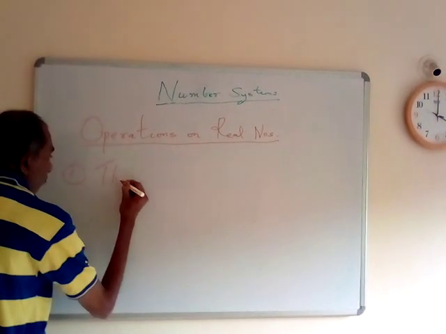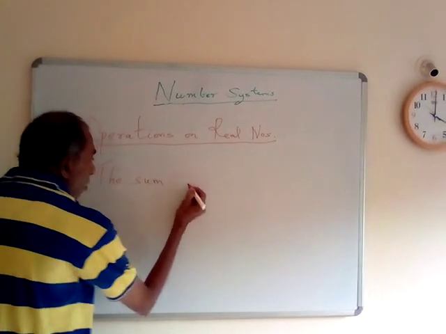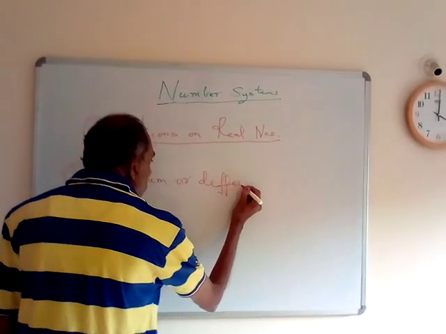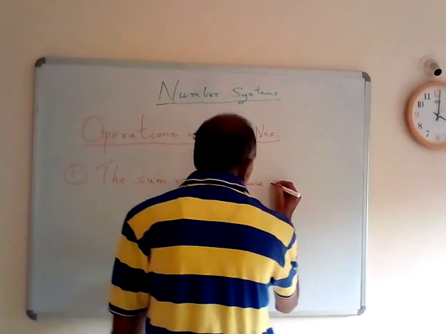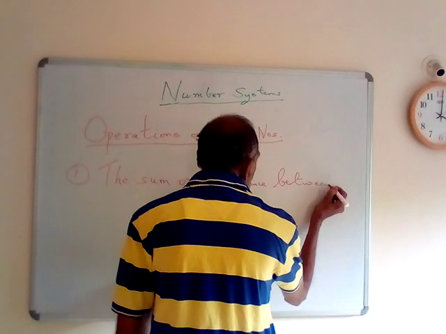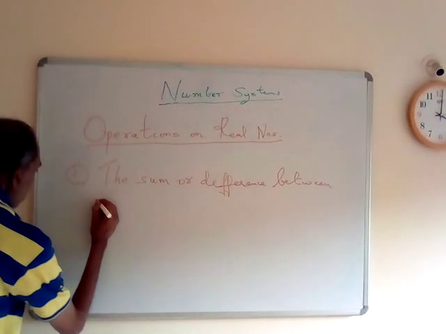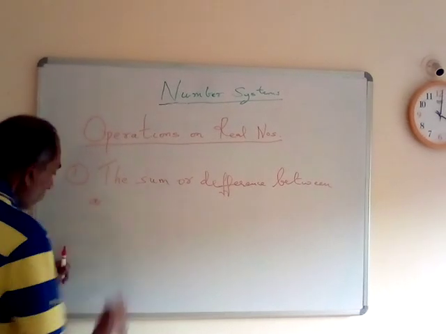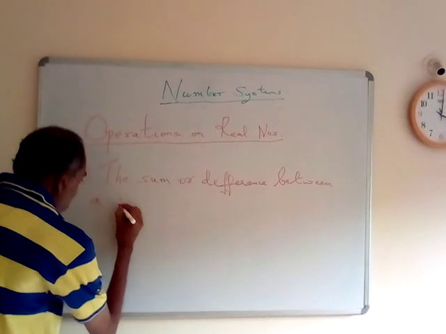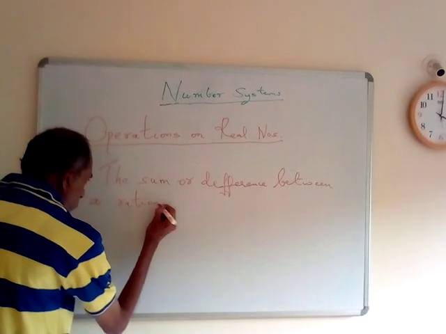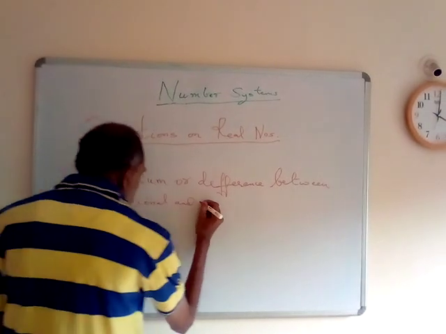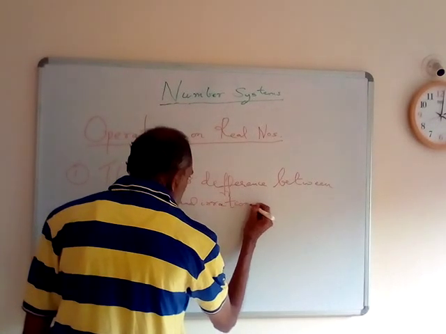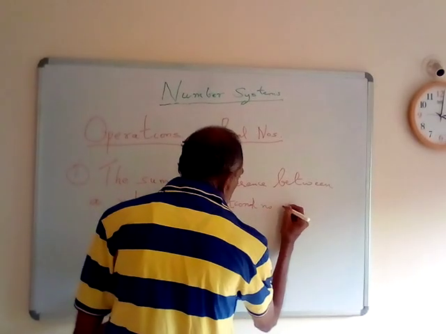The sum or difference between a rational and irrational number is irrational.